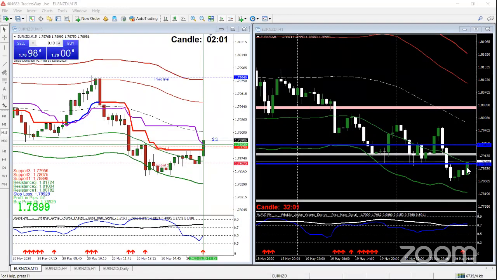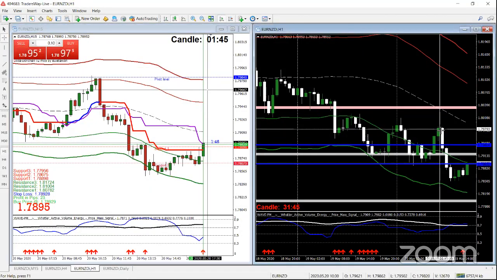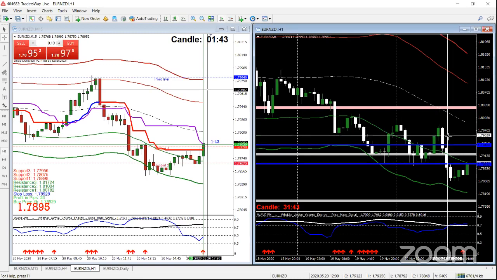Look at it up here. When we're coming out of this zone here, we know we have sellers on our side. Let me locate that time. That's the 11 o'clock candle, the 1 hour 11 o'clock candle.